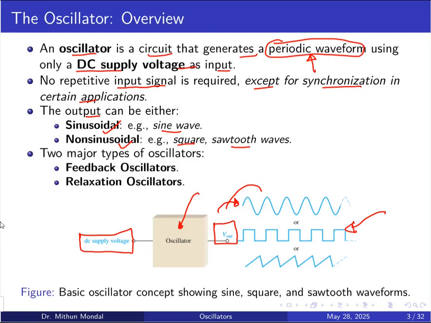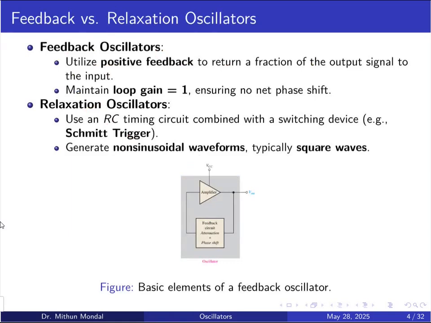Two major types of oscillators are there. The first is known as the feedback oscillator, and the second is known as the relaxation oscillator. We will discuss this in detail. What's the difference between the feedback and the relaxation oscillator? A feedback oscillator utilizes positive feedback to return a fraction of the output voltage to the input.